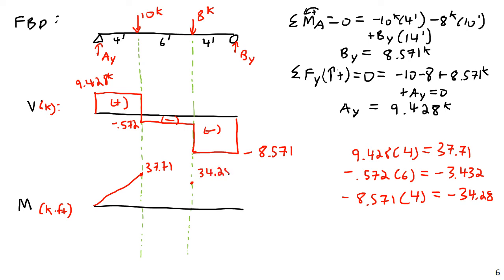By the same logic, this is a linear function. And hey, what do you know, it'll come back down to 0 with a drop of 34.28 here. The whole thing is in positive bending. You can't tell from my terrible drawing, but this is linear throughout.